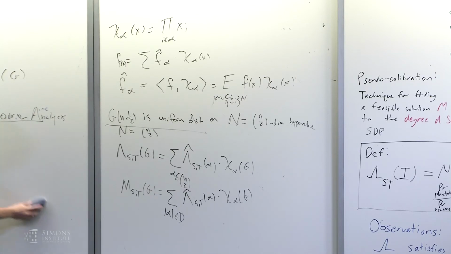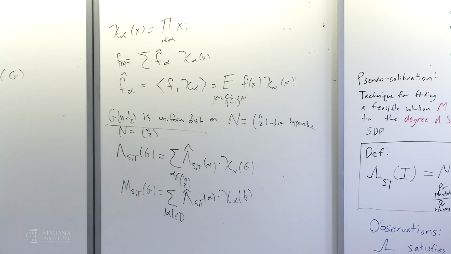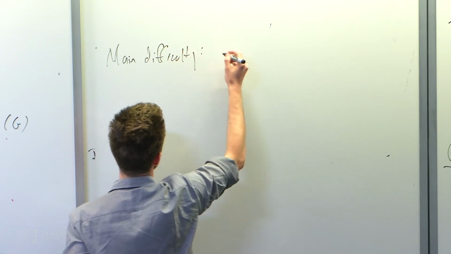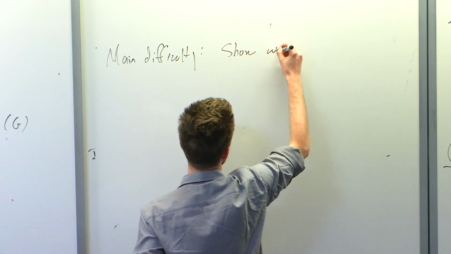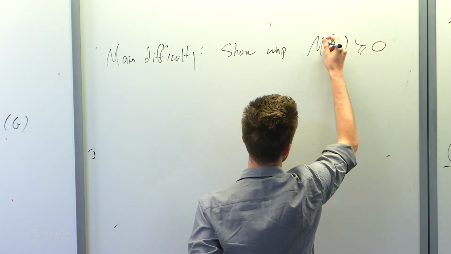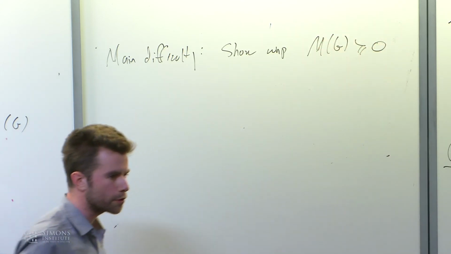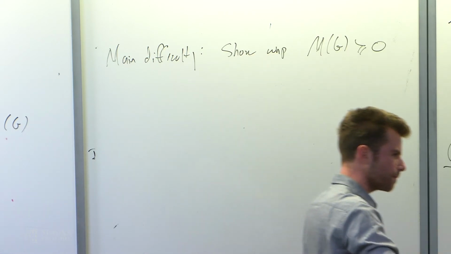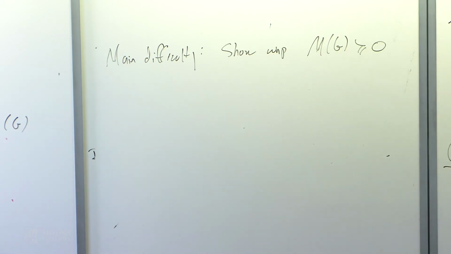The main difficulty is to show that with high probability, M of G is a positive matrix. And we know 2 techniques for this. But both of the techniques, maybe there are some more experts on the CSP technique than I am in the audience for sure.